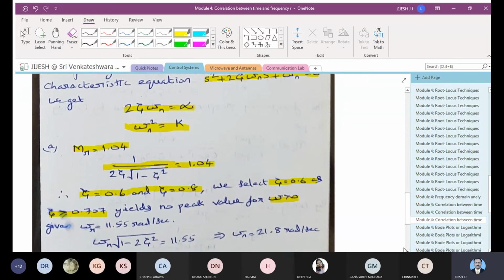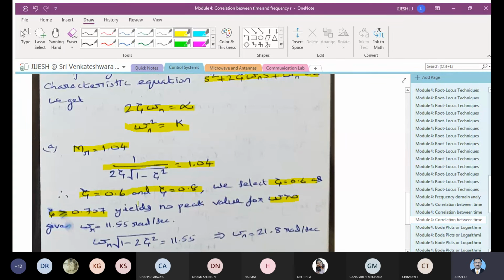So we are going to select zeta as 0.6 because if zeta is greater than 0.707, this will not yield any peak value for omega greater than 0. So we have to go with zeta is equal to 0.6 rather than 0.8.